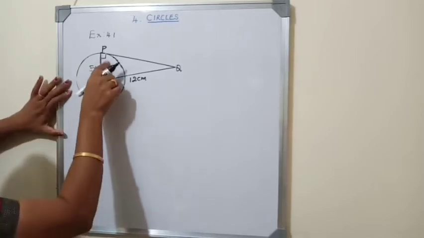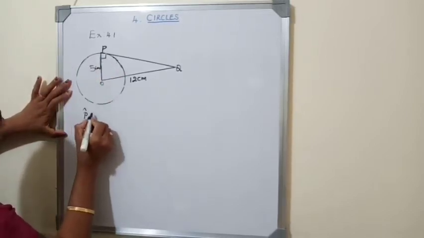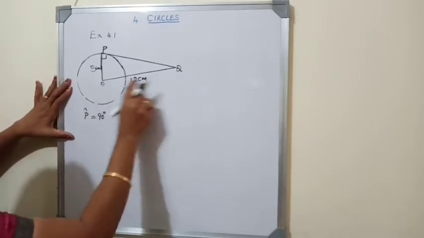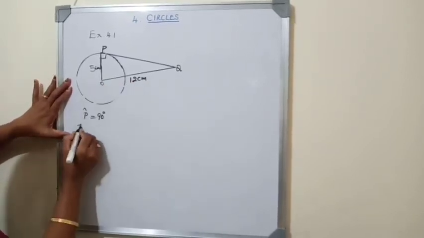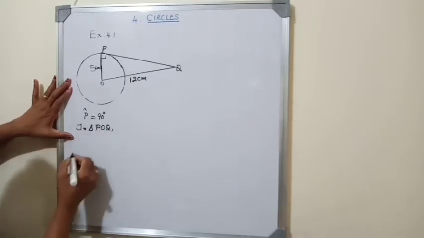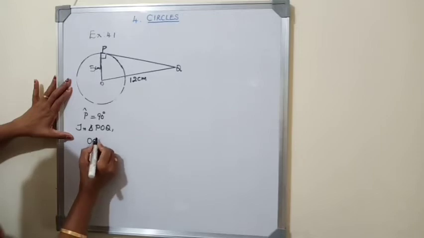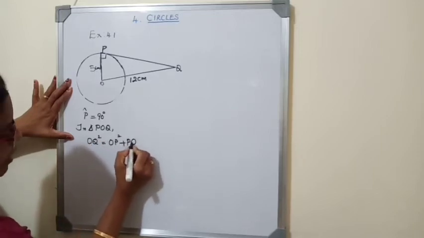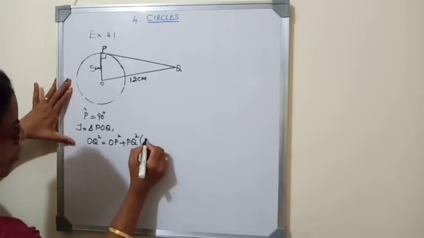So here angle P is equal to 90 degrees, so OQ is the hypotenuse. So in triangle POQ, OQ square is equal to OP square plus PQ square. We have to find the length of the tangent PQ.